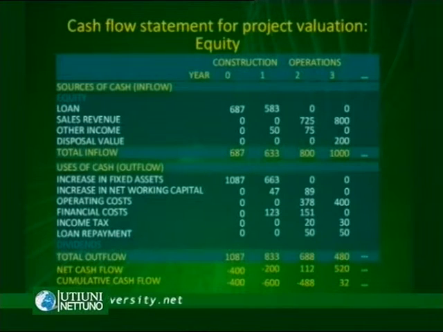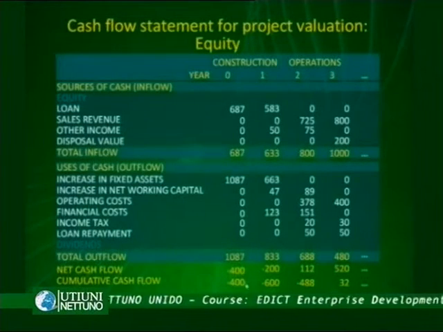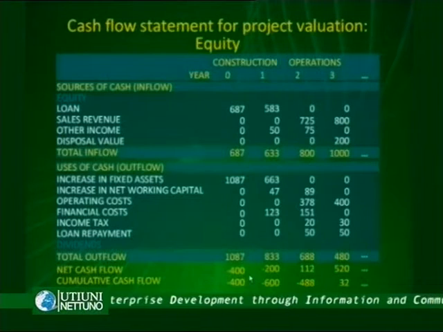Whereas we don't consider equity and dividends, which reflect the investment and the eventual payback that the equity holders will receive from this project. So what we can see here is that at the end of year 0, the net cash flow for the equity holders will be equal to minus 400.